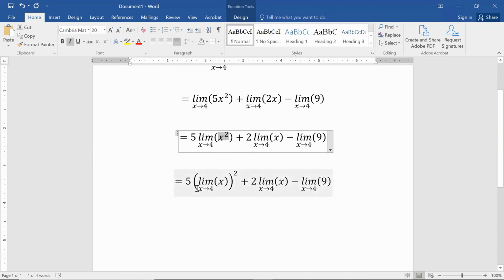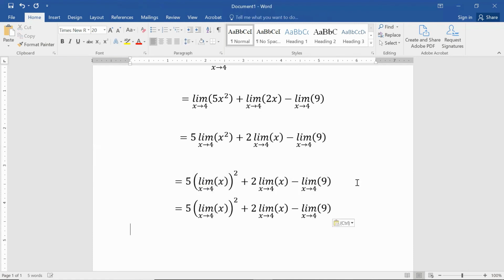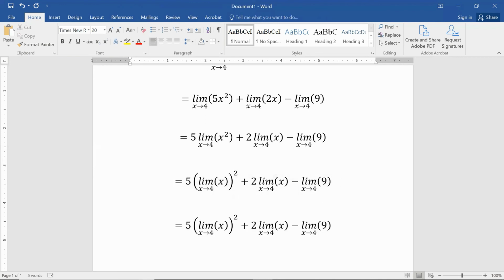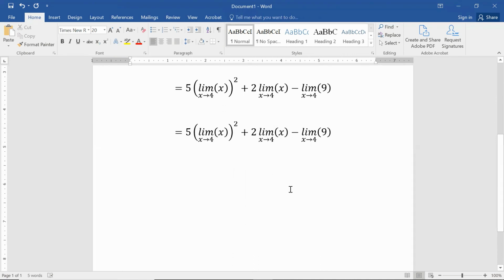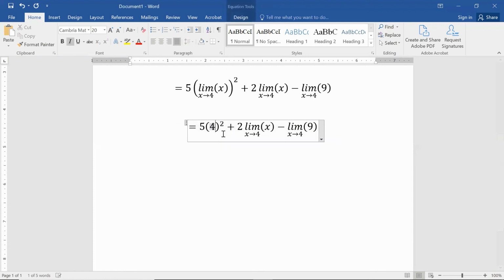Now at this stage, this is a fairly obvious thing that I'm going to do. In those very first properties, we said limit of x as x gets closer to a number is just that number itself. In this case, that number is 4.